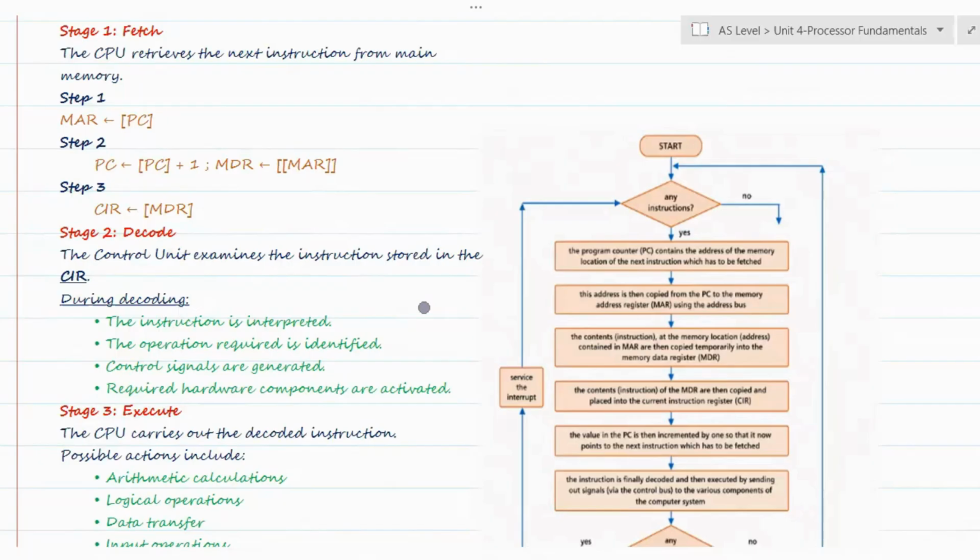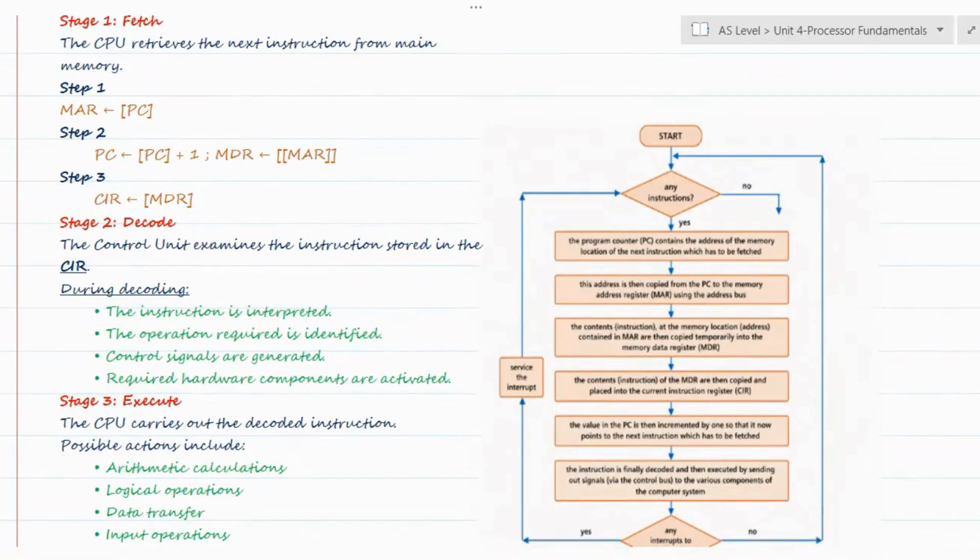Now, program counter. As we all know, the program counter, first thing is that we need to understand what is the role of program counter. Now, program counter already contains the address of the next instruction to be executed, right? For example, suppose the PC contains the value 250. This means that the next instruction is stored at memory location 250.